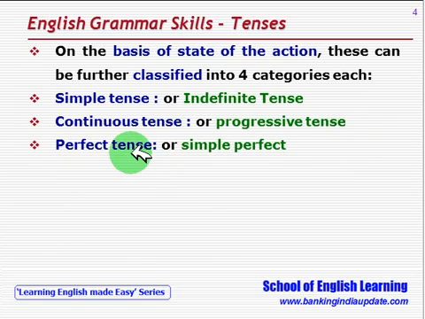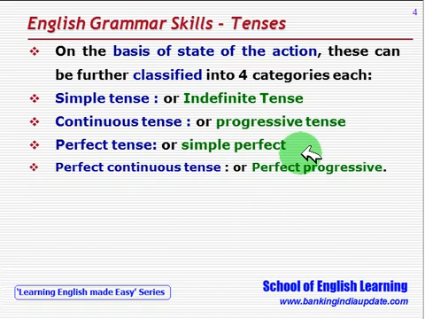Third is perfect tense or simple perfect tense. Fourth one is perfect continuous tense or perfect progressive tense. So this classification is based on state of the action.